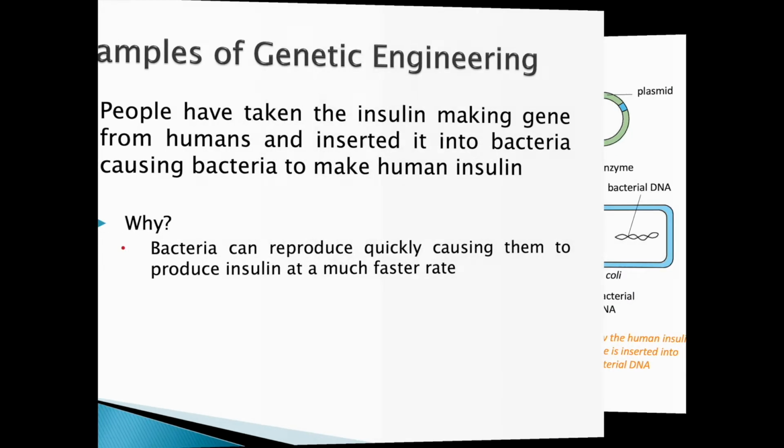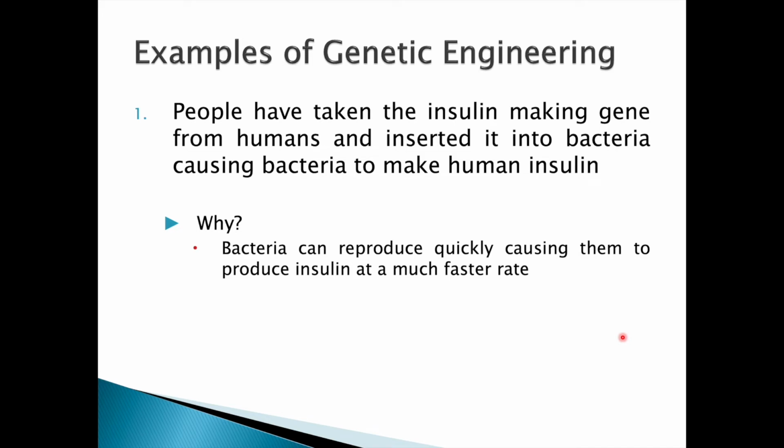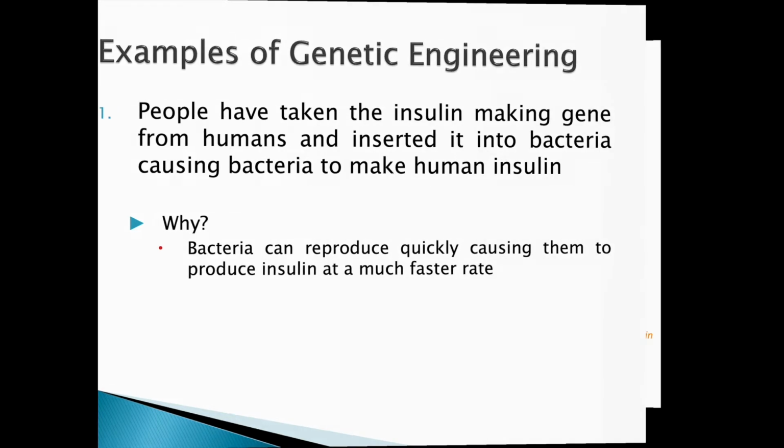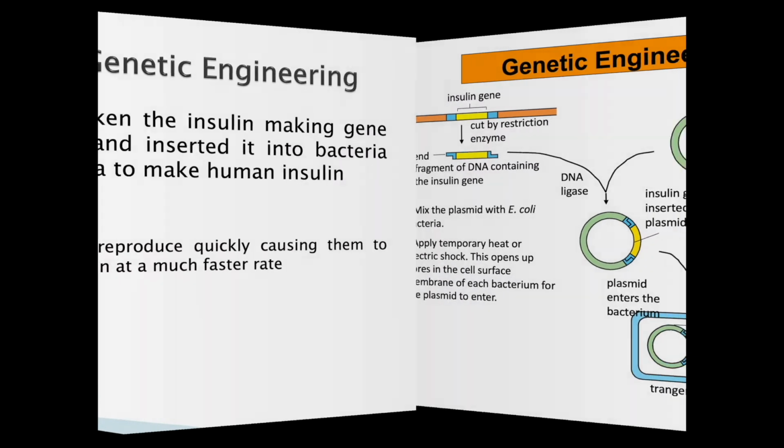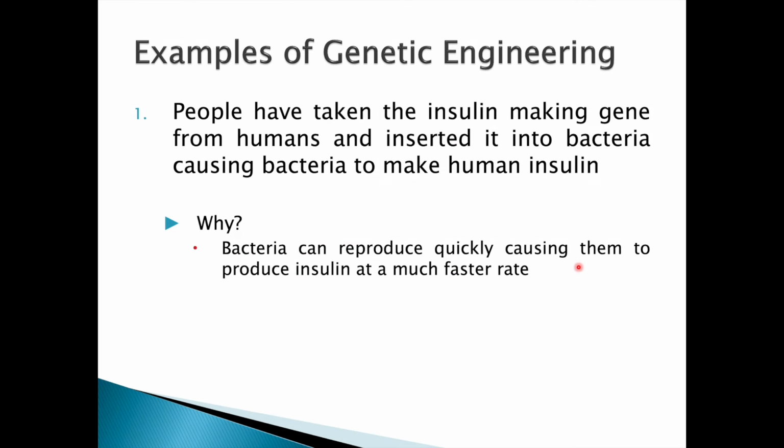So next, what are the examples of genetic engineering? From my explanation of the steps of genetic engineering, the very first example is the creation of human insulin from bacteria, specifically E. coli. People have taken the insulin-making gene from humans and inserted it into bacteria, causing the bacteria to make human insulin.